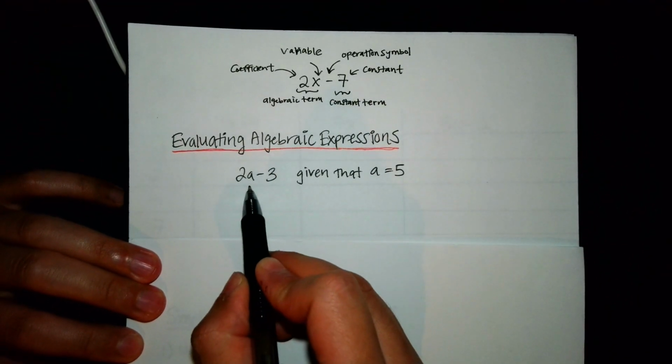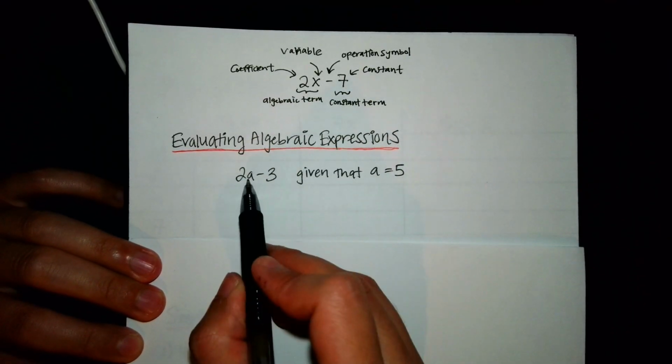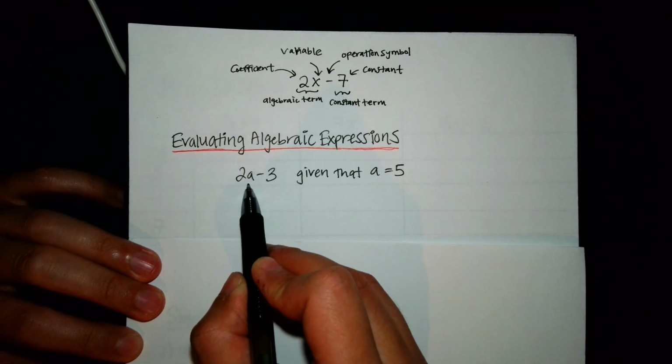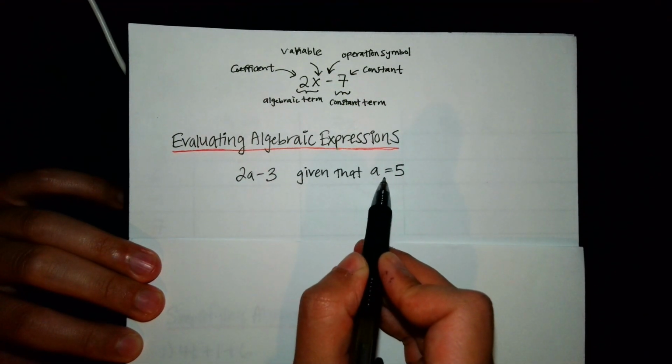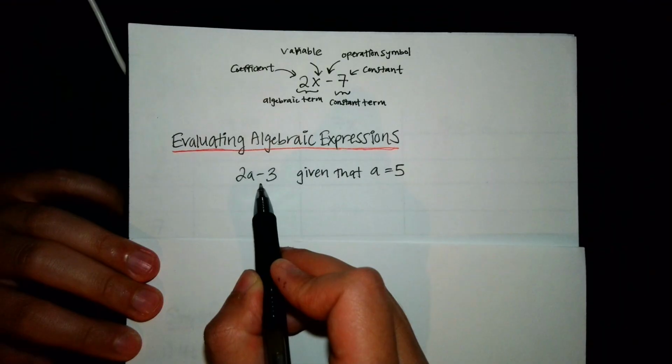We have to replace all variables with their assigned values. In our example, we have only one variable a, which is equal to 5. We are going to substitute a is equal to 5 into the expression 2a minus 3.